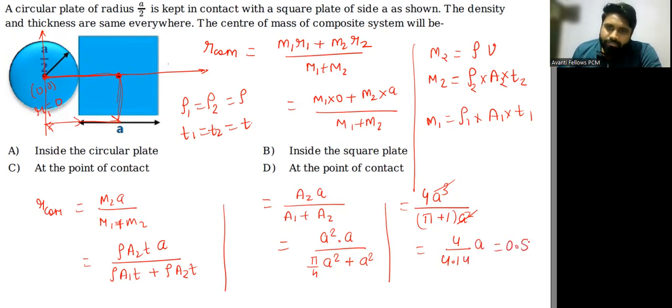So it will come out as 0.656 a, which is slightly inside the square. Okay, because at 50% it is at the interface. We cannot say at the interface, it is not inside the circular plate and not inside the square, but it is 0.56, which is slightly greater than 50%. So it is inside the square plate.